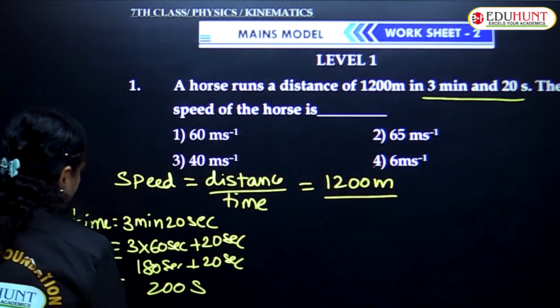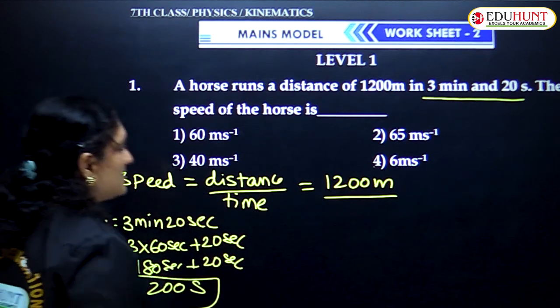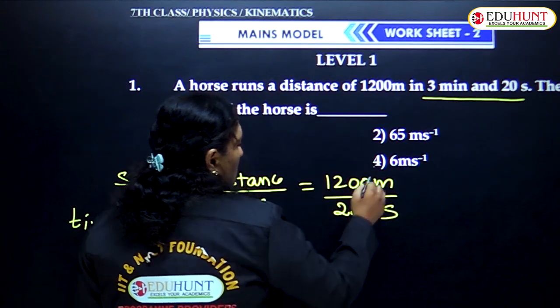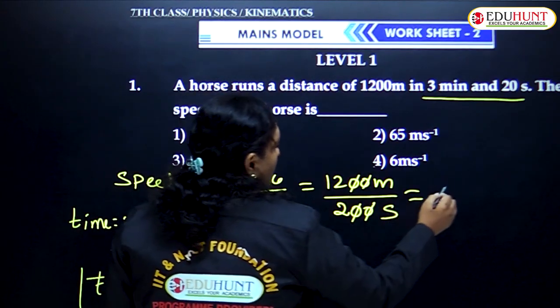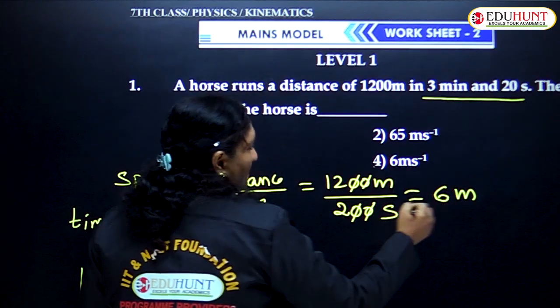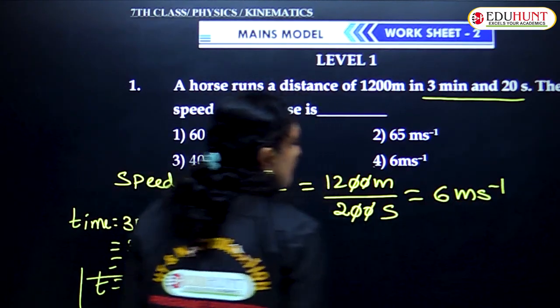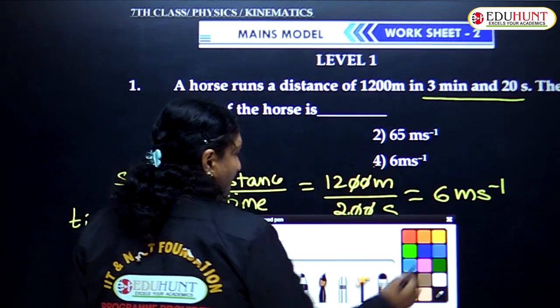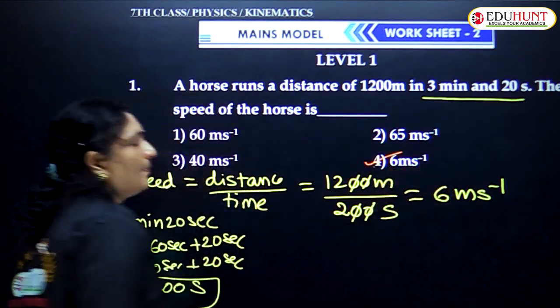So the time is 200 seconds. Speed is 1200 upon 200 seconds. Zeros cancel, 12 by 2 is 6. So 6 meter per second, which can also be written as ms inverse. Hence, the correct answer is 6 meter per second.